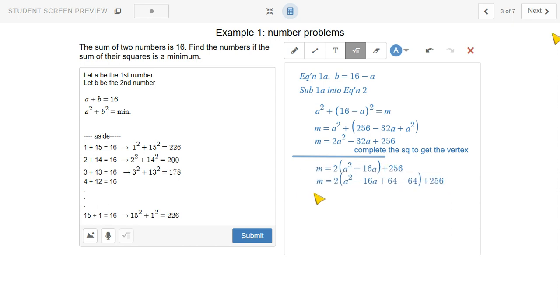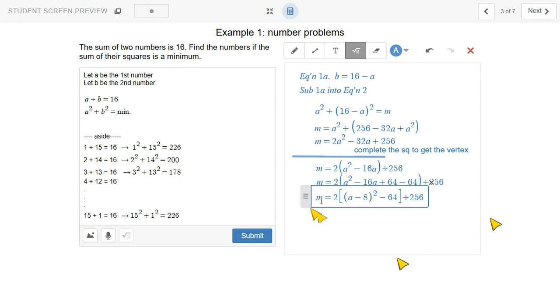Right, we've rewritten the question now. Let's continue to find our perfect binomial, a minus 8 squared. Now that is these first three terms factored to our perfect binomial. Now inside our big bracket, we still have the minus 64, and we're adding 256.